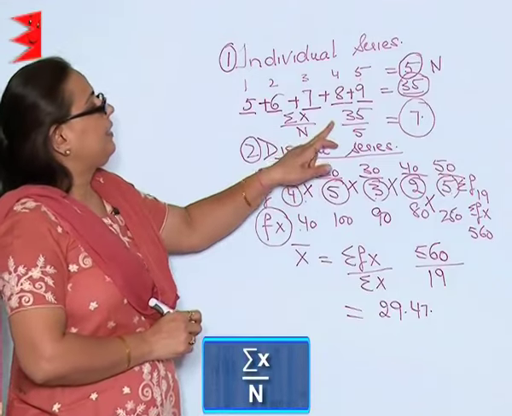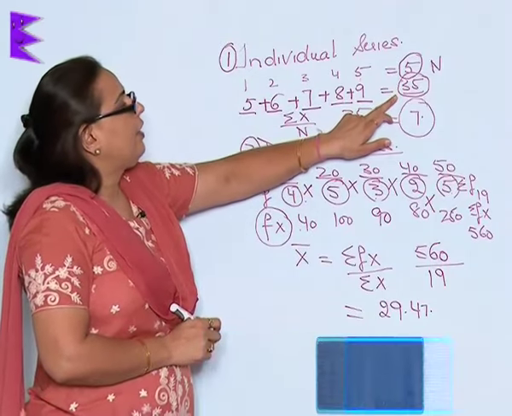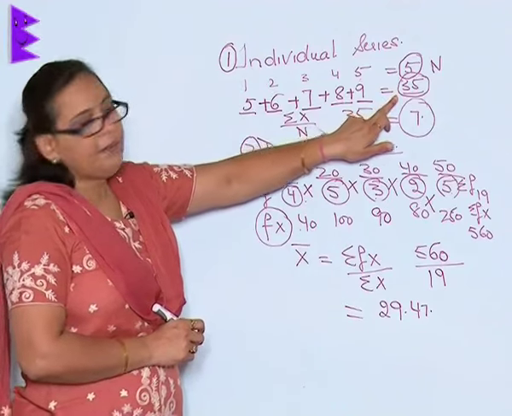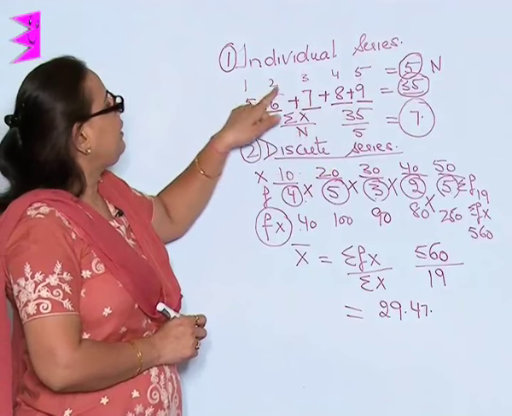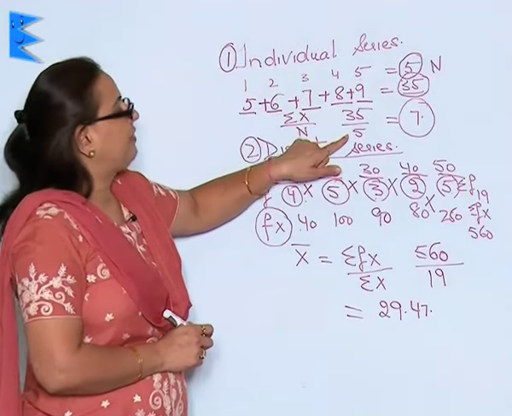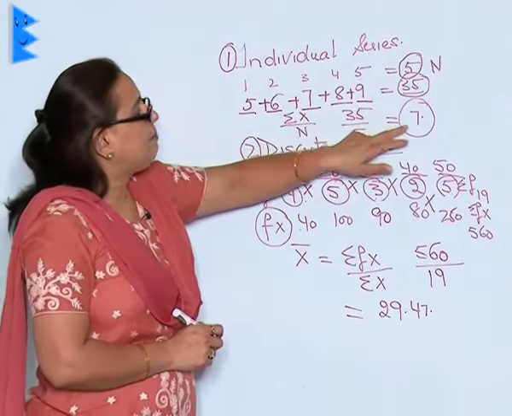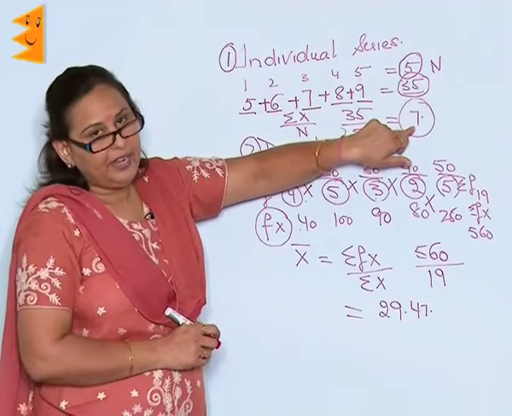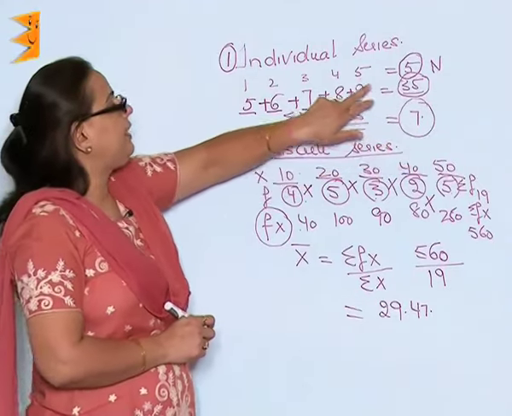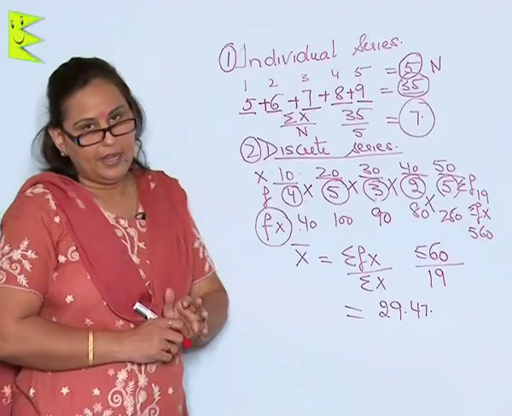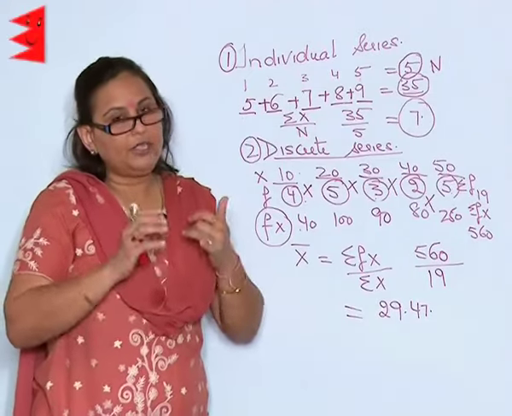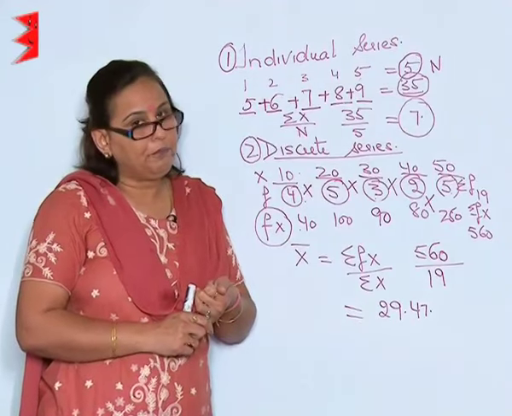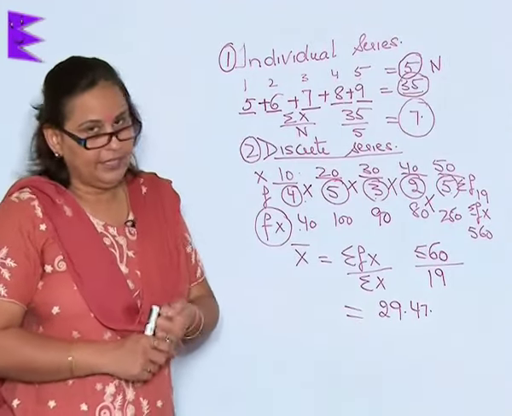The total marks obtained by the students are 35 and the students are 5, and thus the average marks obtained by these 5 students are 7. So, this is the first method of observation, or rather finding out the mean of the individual series.